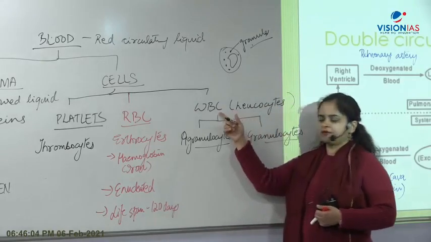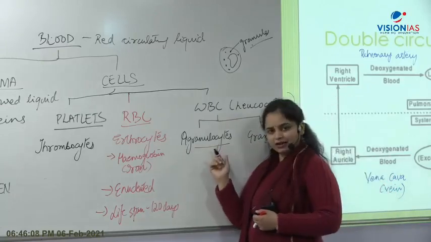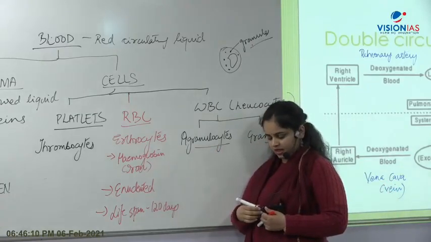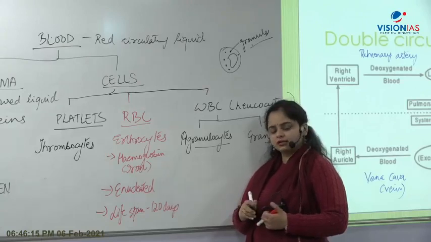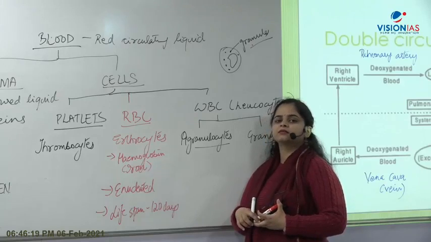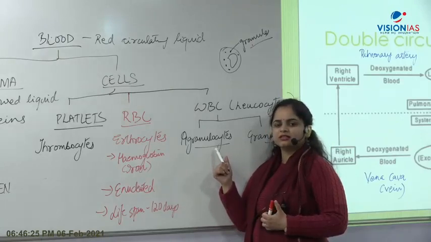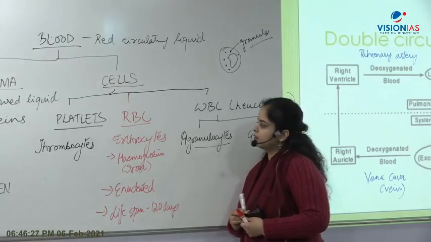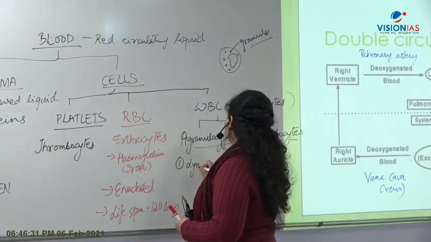So if you've written white blood cells, then you've written leukocytes. After this, write down agranulocytes. They do not contain granules in their cytoplasm.